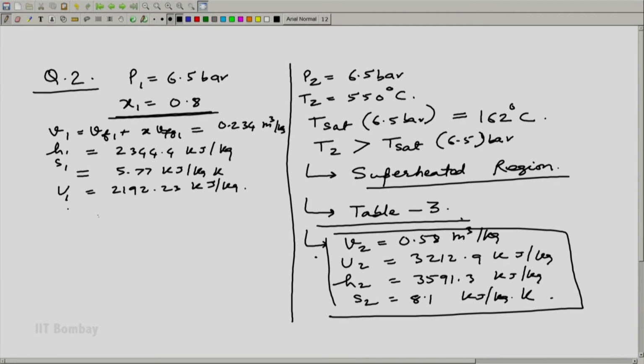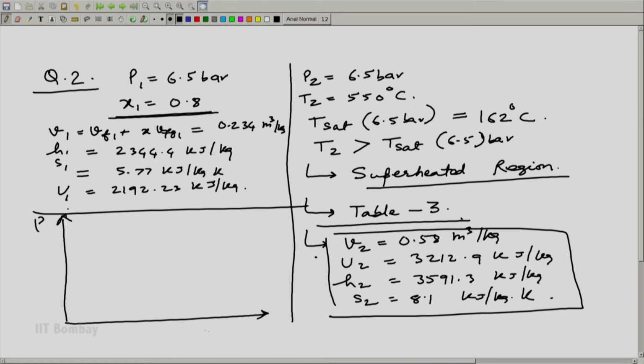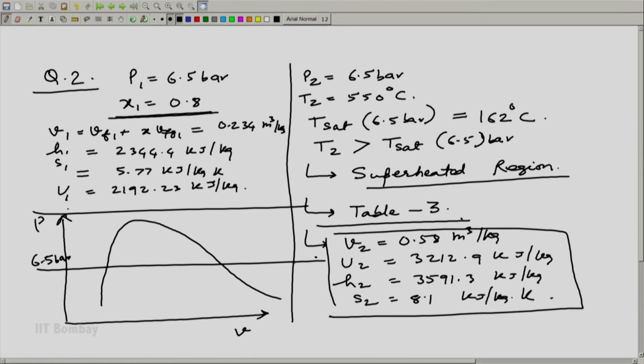Importantly, I would like to plot this again on a PV diagram. So, this is P and V, and this is what the state would look like on the PV diagram. I can draw the pressure at 6.5 bar. This is a constant pressure process, and therefore both the states would lie on this line. At point 1 we got x1 equal to 0.8.